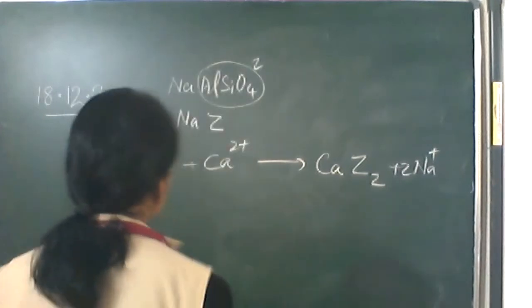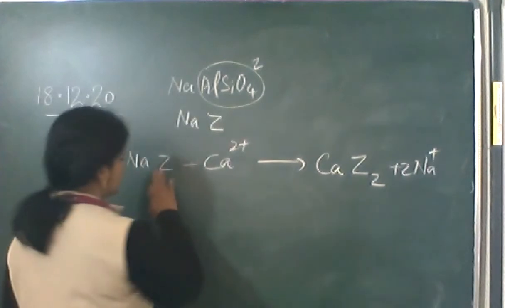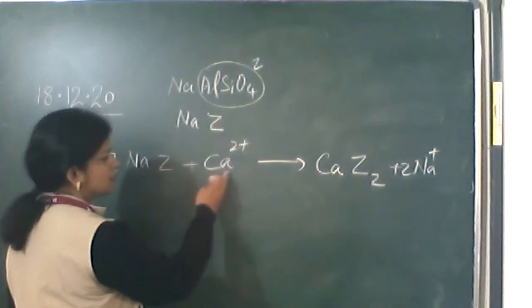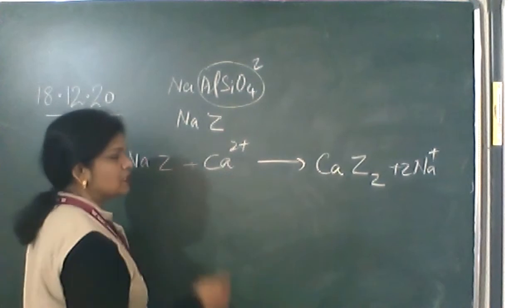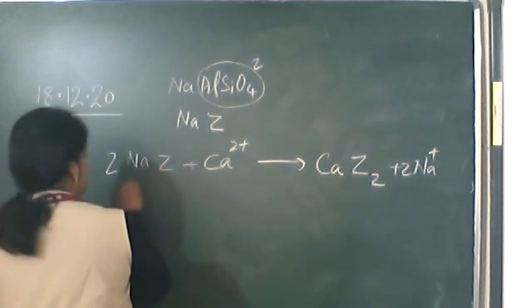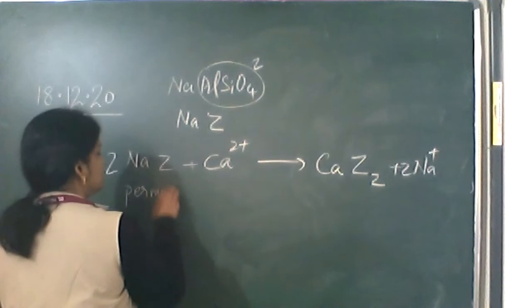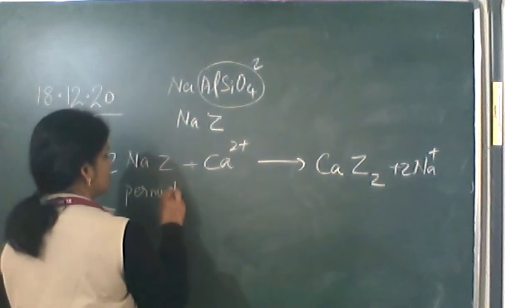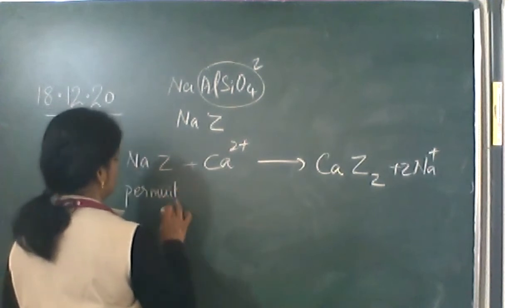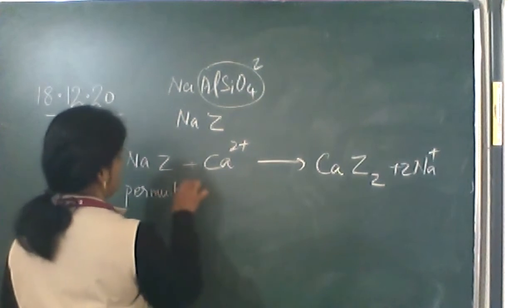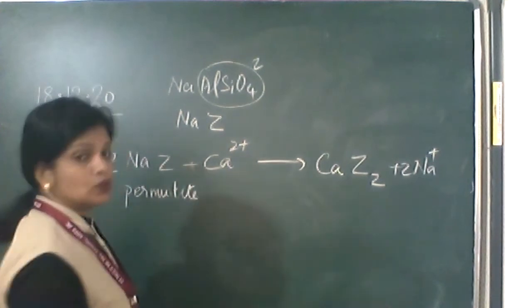Now, once all the NaZ, all the Z, is taken up by the Ca2 plus, we say this permutit is exhausted.